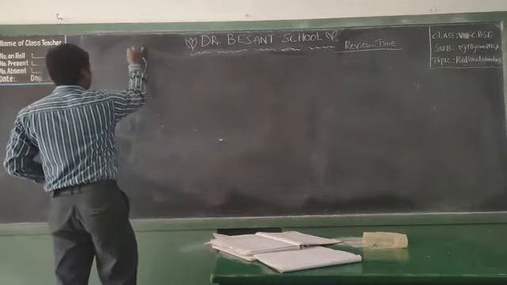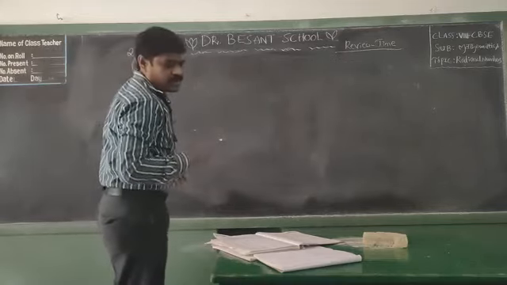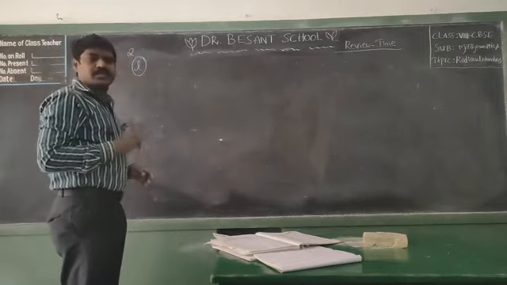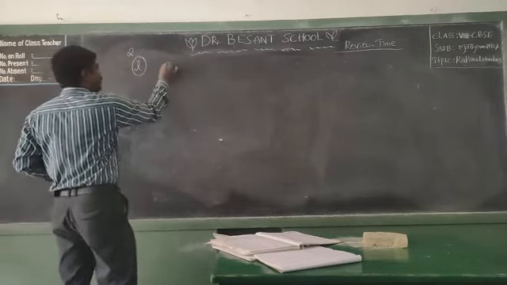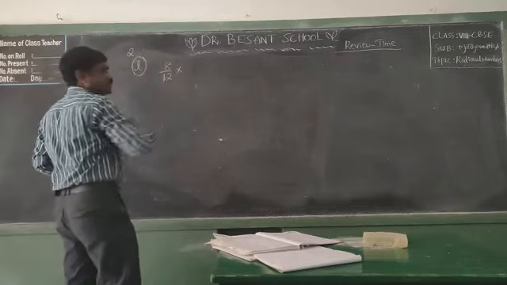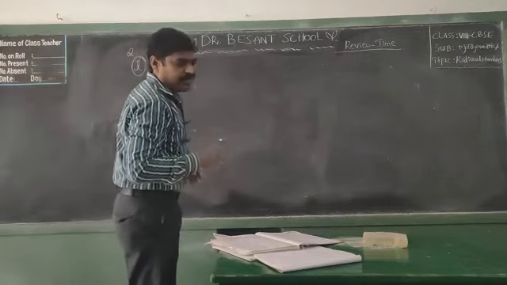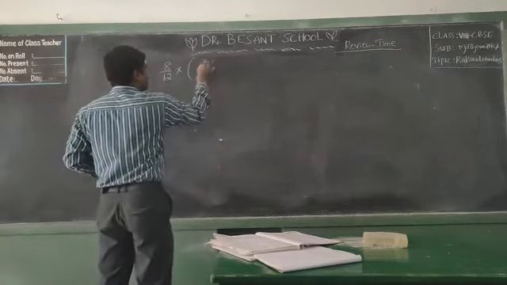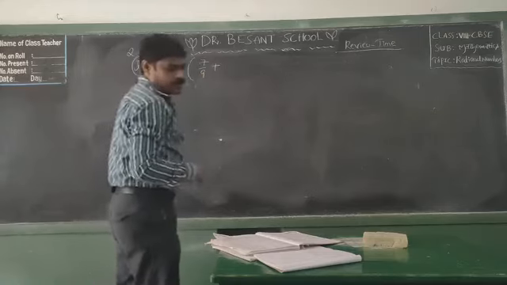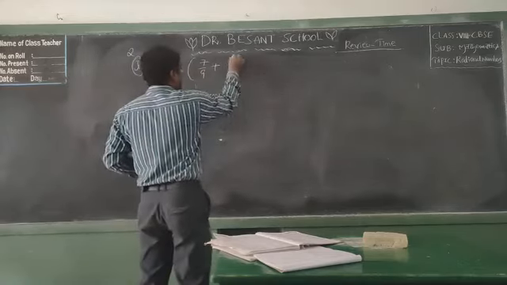Randomly I am explaining some problems. This is not exercise sums, these are review sums. 8 by 12 into 7 by 9 plus 11 by 13.